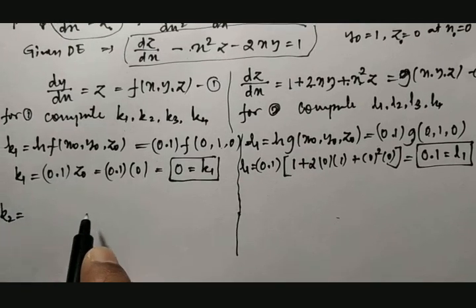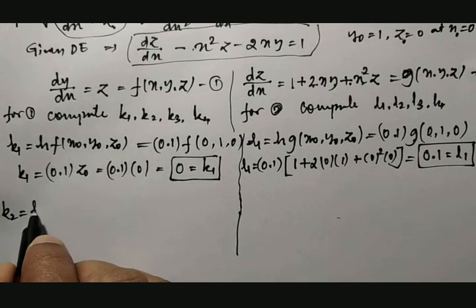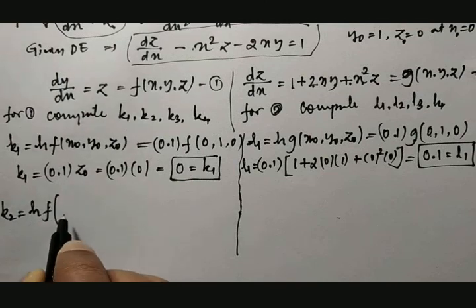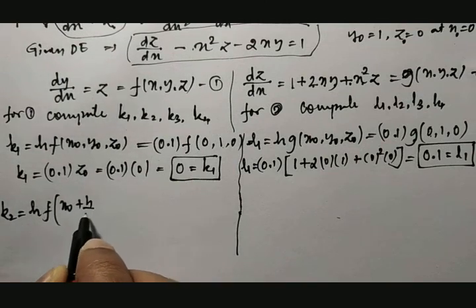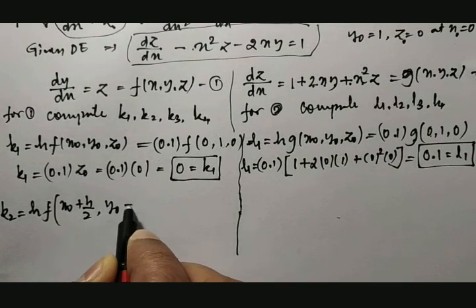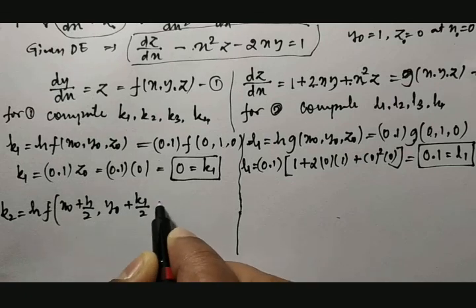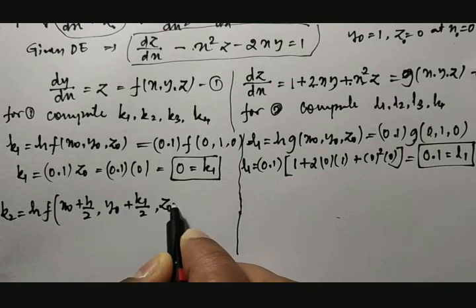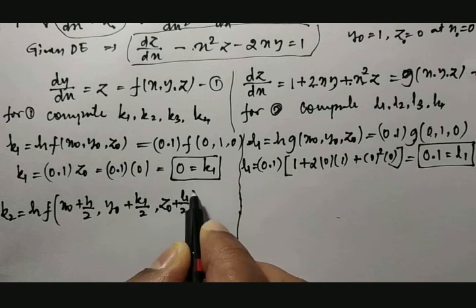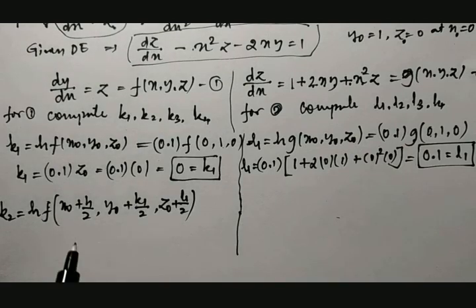Similarly, move to K2. What is the formula for K2? K2 is H into F of X naught plus H by 2, Y naught plus K1 by 2, Z naught plus L1 by 2. Clear?